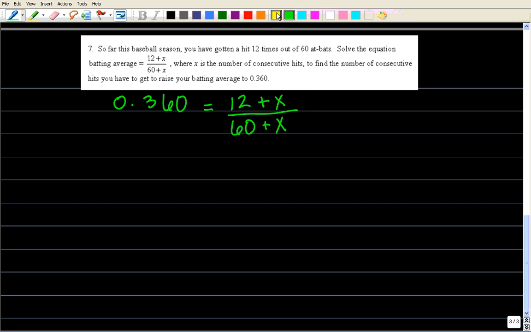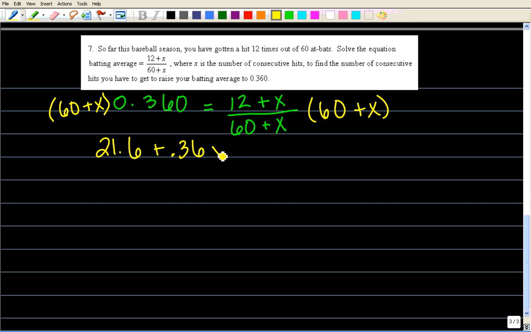So I'll multiply both sides by 60 plus x. And then when I multiply this out over here, I'll get 21.6 plus 0.36x equals, this will cancel, so I have 12 plus x. Now I just need to collect like terms.